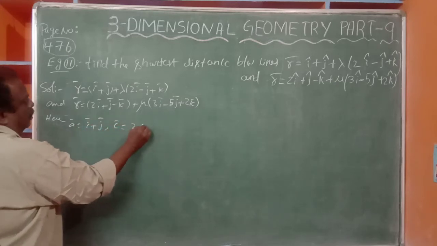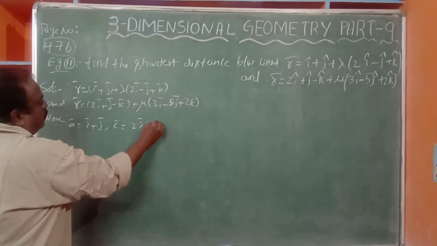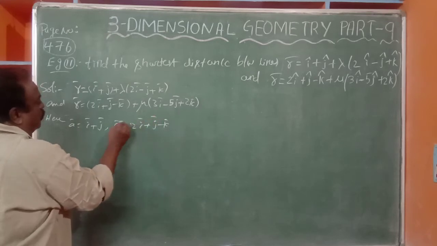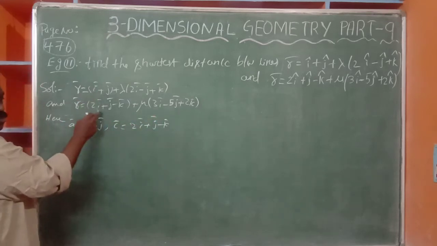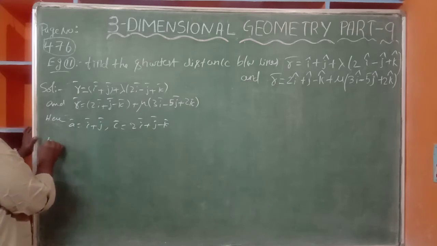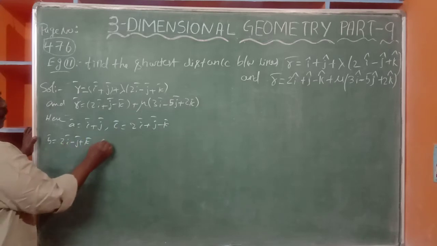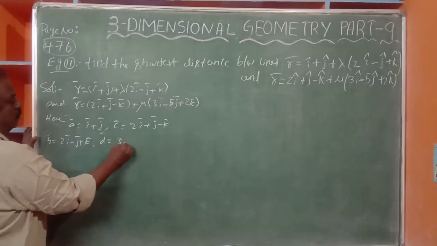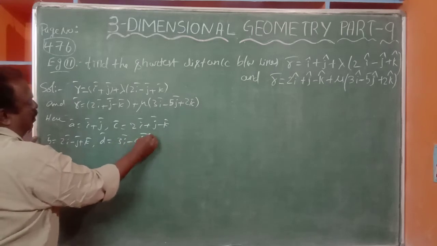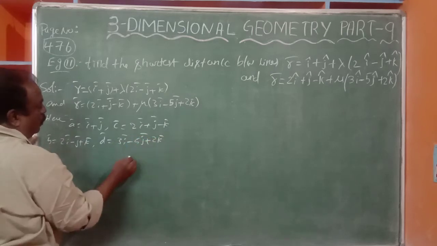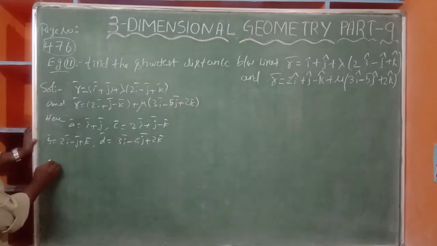C bar is 2i plus j minus k. And B bar is 2i minus j plus k. D bar is 3i minus 5j plus 2k. Now we find C bar minus A bar.